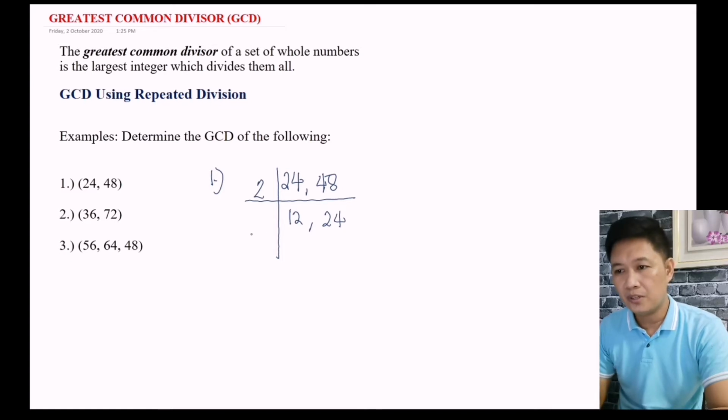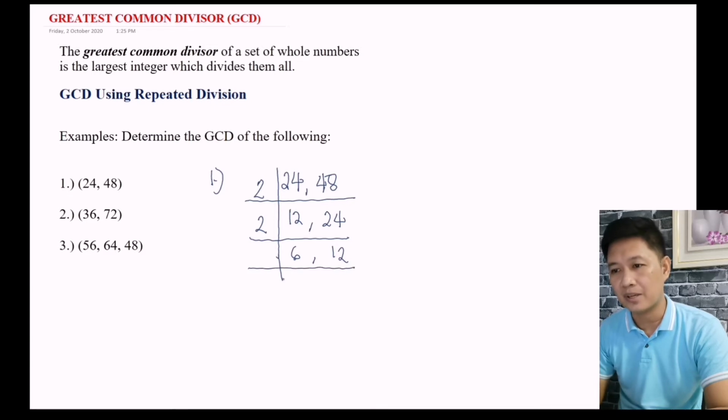Now, ang 24 natin at 12 ay parehong even. So, pwede pa rin silang ma-divide sa 2. 12 divided by 2 is 6, and 24 divided by 2 is 12. Ngayon, ang 6 natin at 12 ay parehong even, so pwede pa rin natin silang i-divide sa 2. 6 divided by 2 is 3, and 12 divided by 2 is 6.